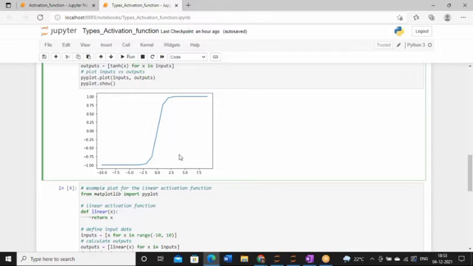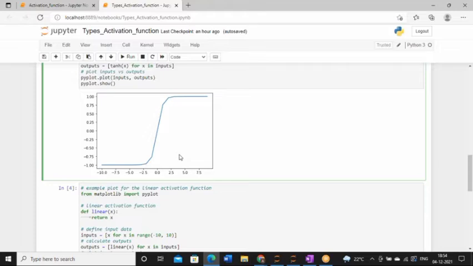Now, the hyperbolic tangent function and the sigmoid function that we are talking about, all activation functions can be applied in the hidden layer, right? So this thing we can implement in our code.